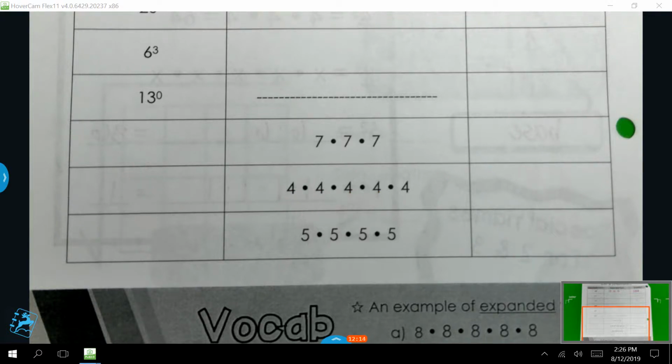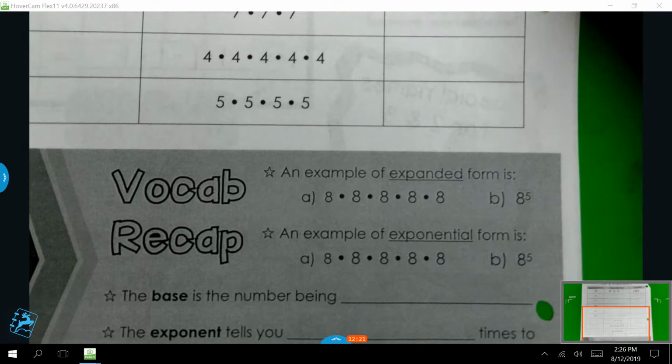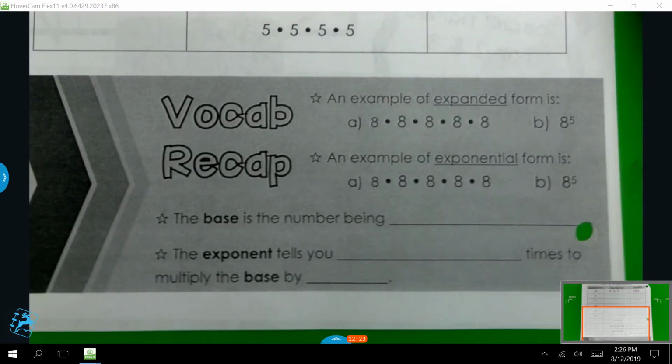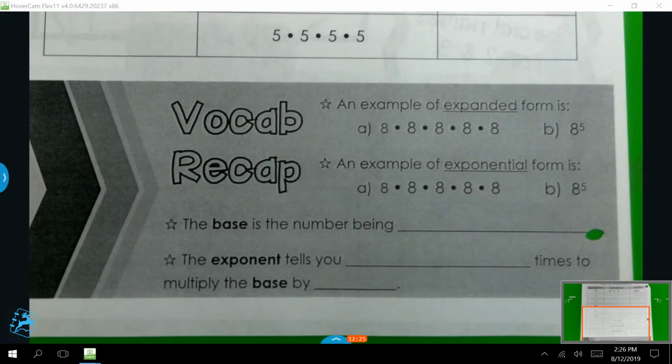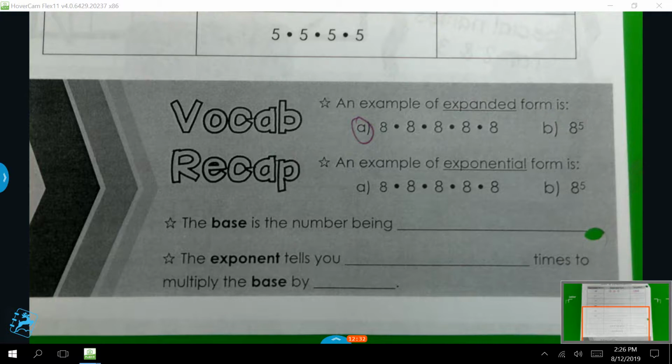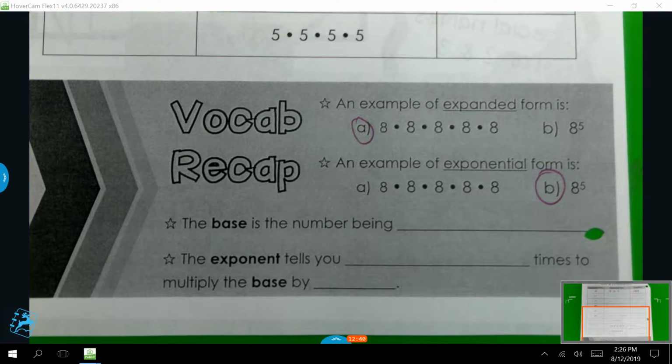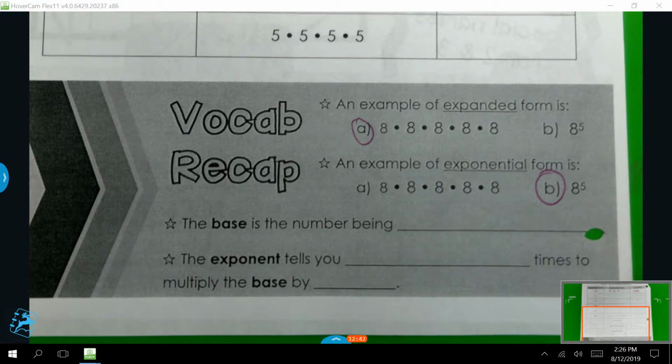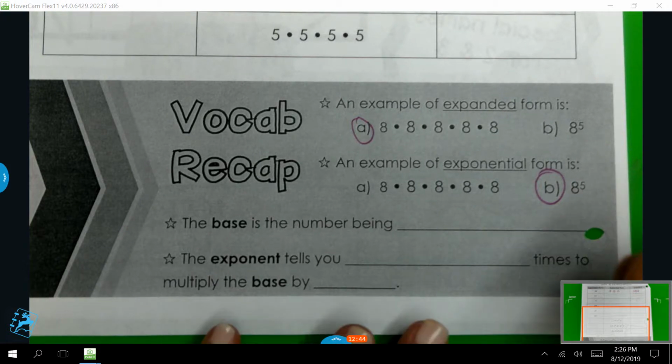Alright, so a little bit of vocab recap. At the bottom of our page, that very first one, an example of expanded form would be what? A or B? Expanded is going to be A. Good job. And then exponential form is going to be what? B. It's going to be that number with an exponent. Alright, the base is the number being what? Multiplied by itself.